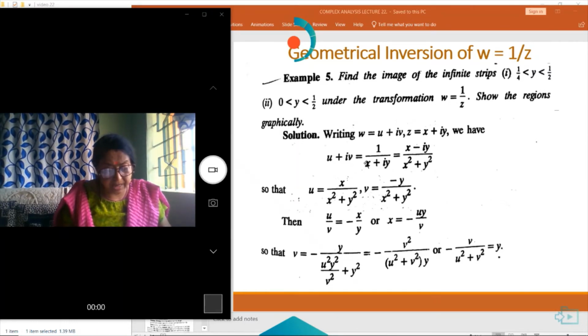From this we get u is equal to x by x square plus y square, and v is equal to minus y by x square plus y square.